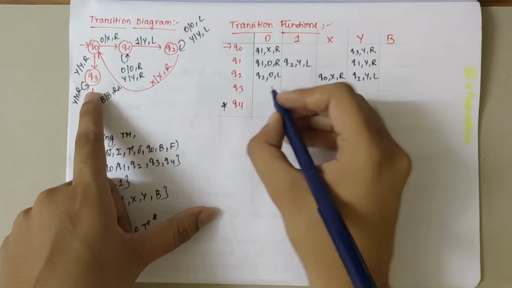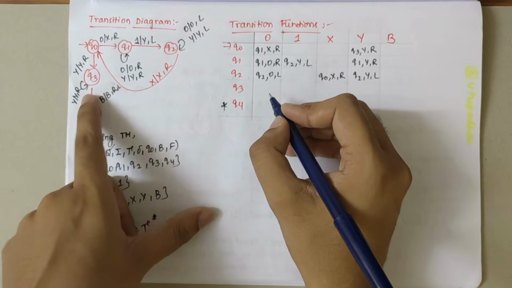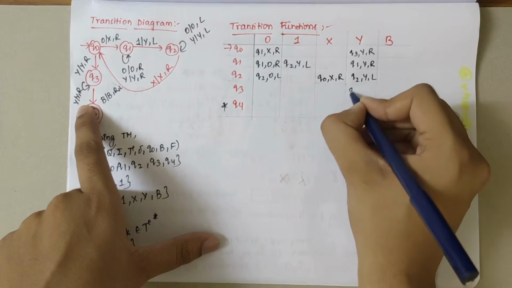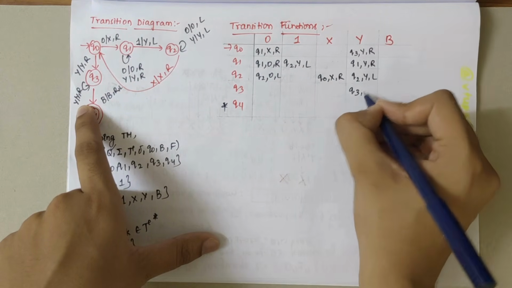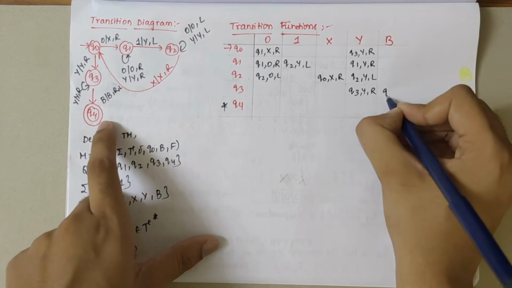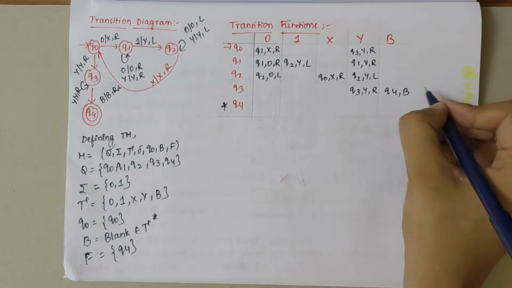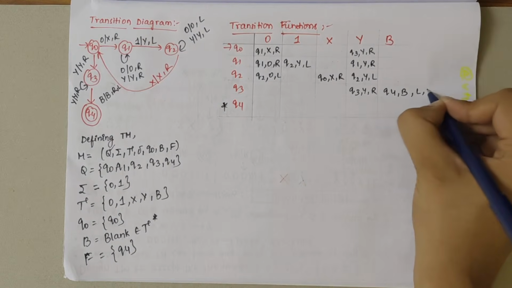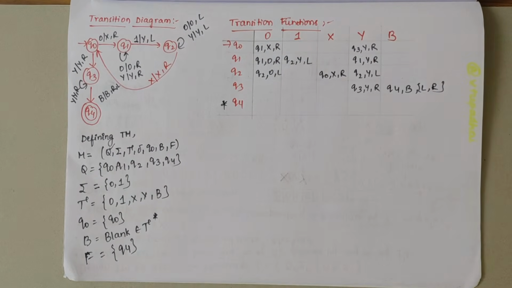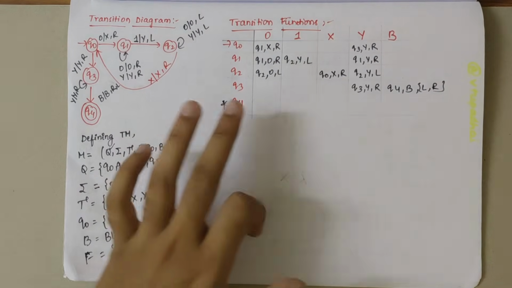From Q3 I have a self loop over y: Q3, y and r, and over b I get Q4, b. It can move either left or right. So this was the transition function which I have defined here.